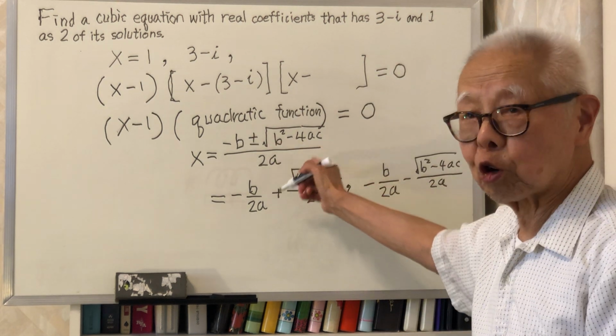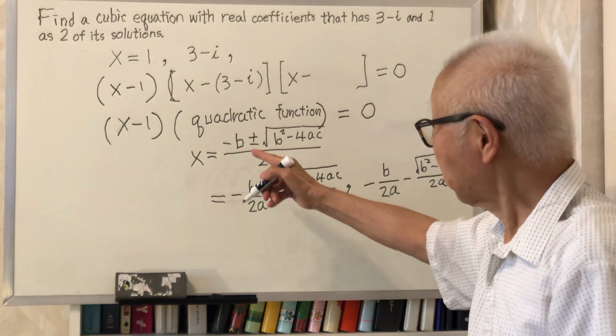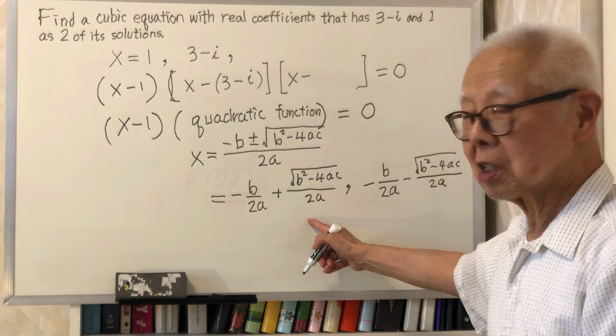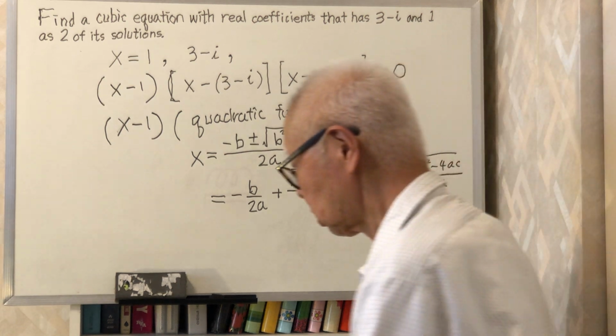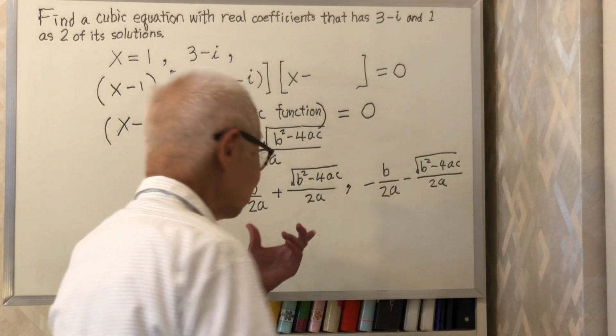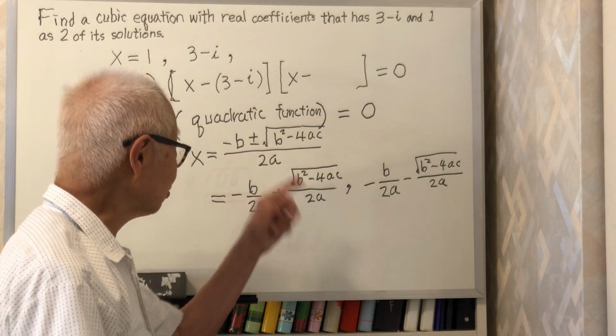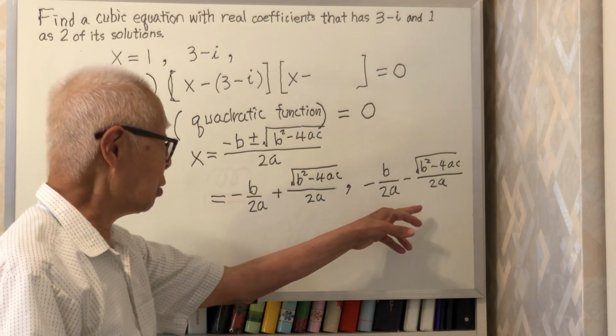I write my two solutions separately. One is this, the other one is this. Okay. Two solutions for my quadratic function part.